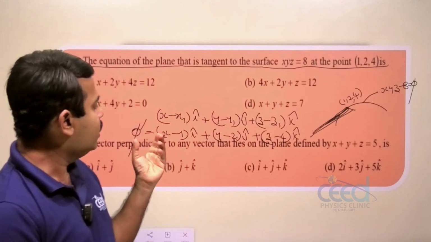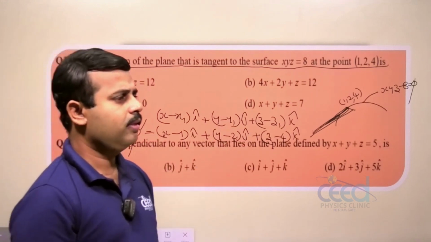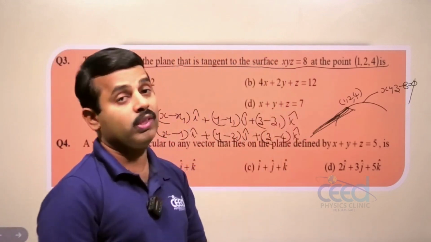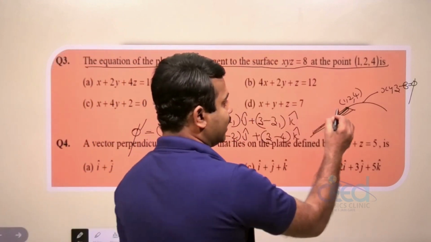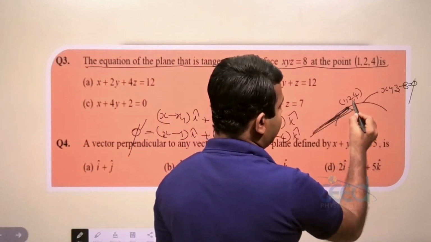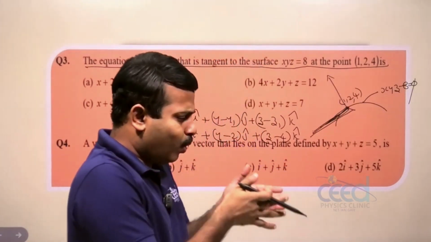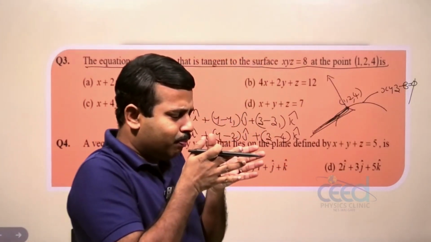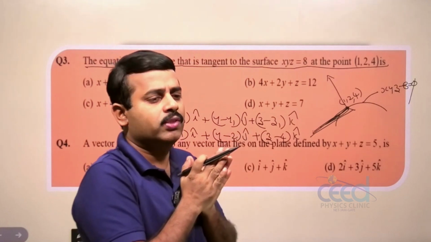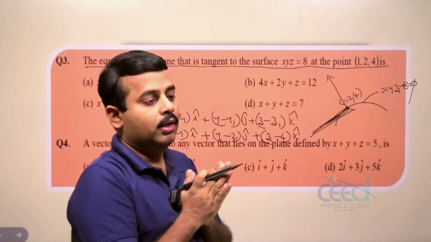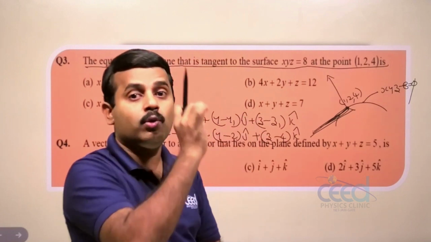Now, it should be tangent, which means this plane should be perpendicular to this surface. Suppose I draw a perpendicular at the touching point. What is the perpendicular direction of a surface? That is very important. If the surface equation is given, gradient phi is normal to the surface.